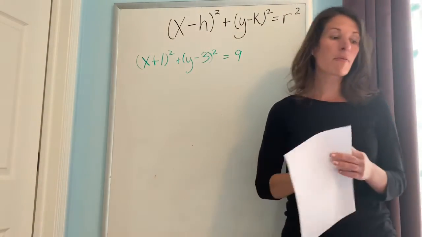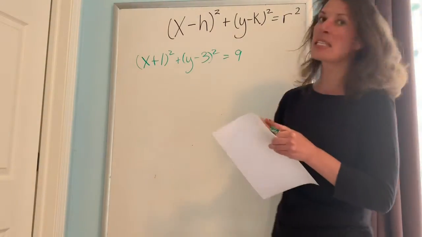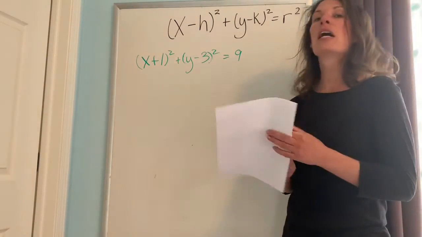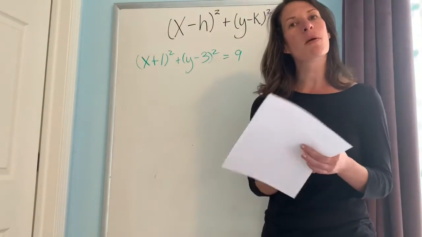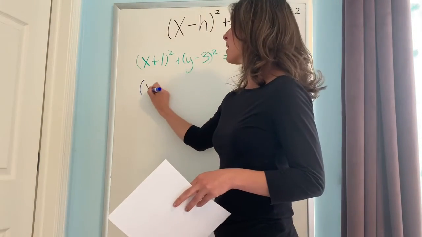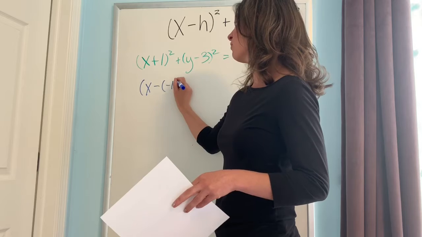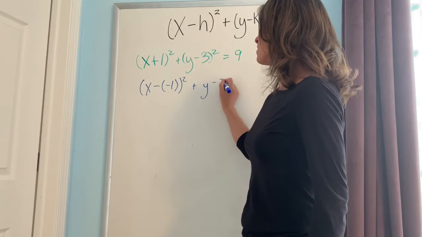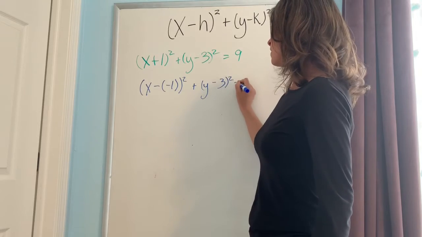I'm going to want to rewrite this because this is not set up in x minus, it's x plus. In order to get this into x minus, remember a negative times a negative is a positive. So we're going to rewrite it as x minus a negative 1, squared, plus y minus 3, squared, is equal to 9.